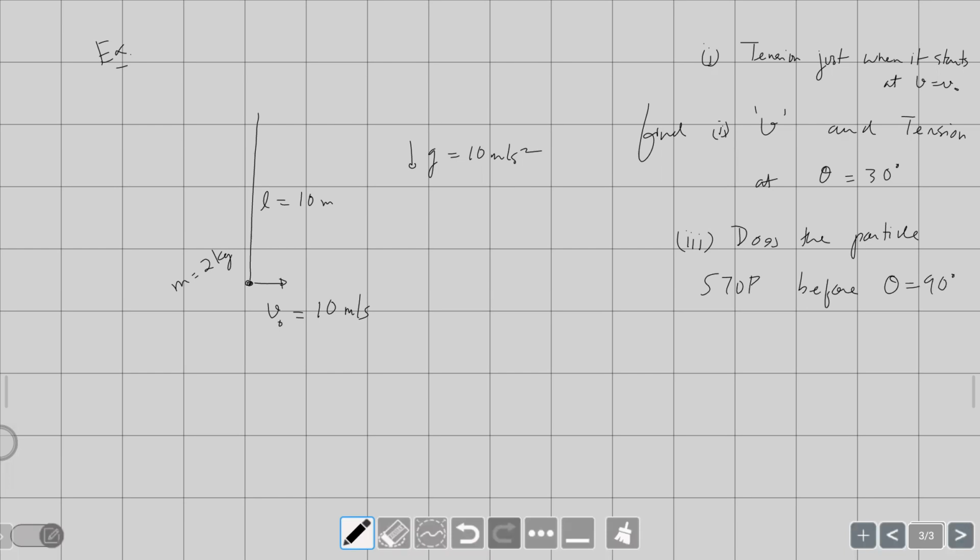And if so, then find the maximum angular displacement and the minimum tension. Because you can understand that as your theta is increasing, the tension is decreasing. So logically, your minimum tension will occur at the maximum angle.